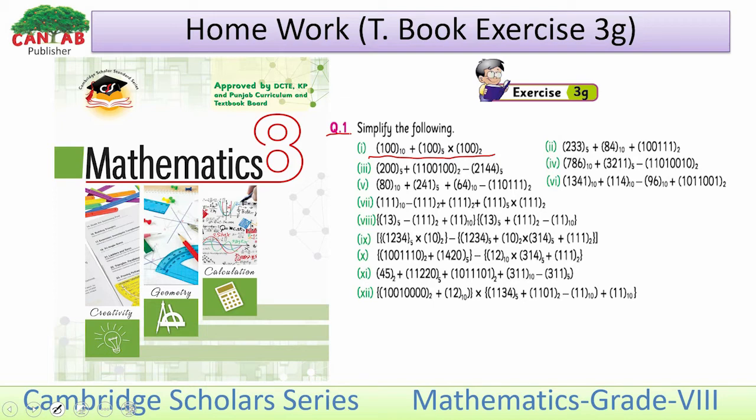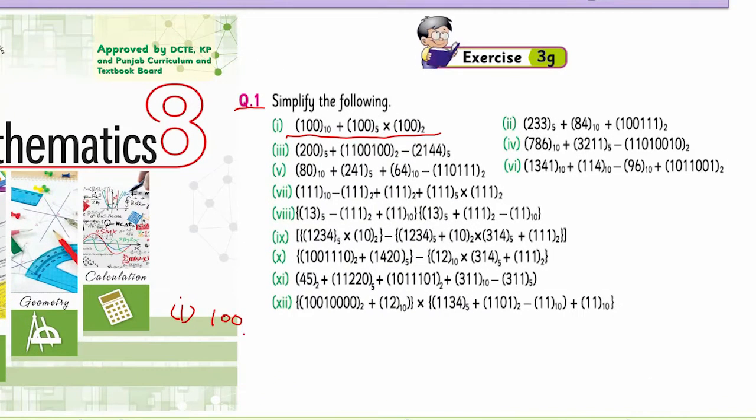Look, in part 1 we have 100 with base 10 plus 100 with base 5 plus 100 with base 2. What do we have to do?